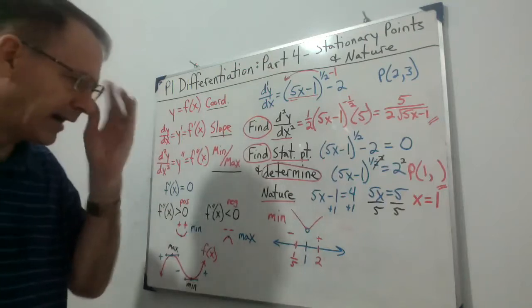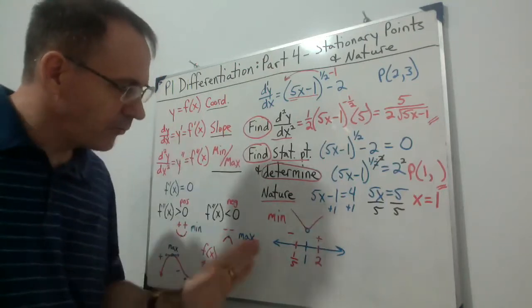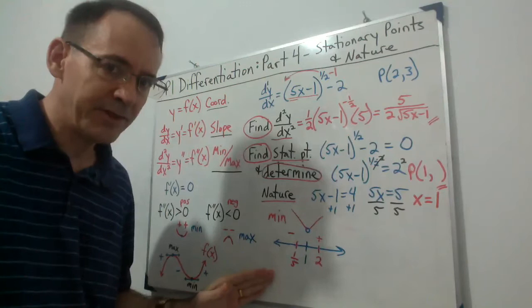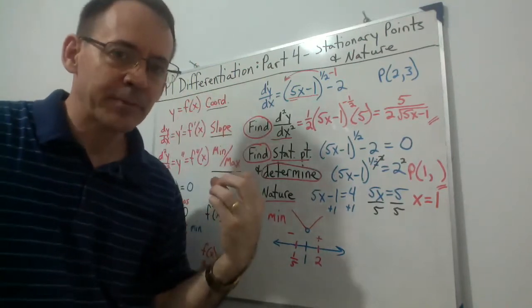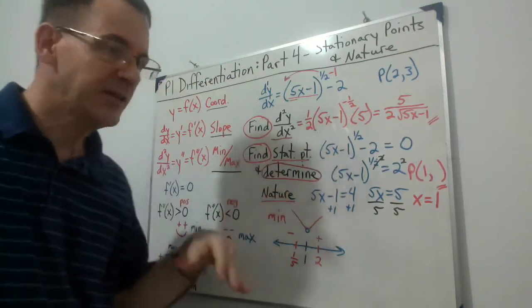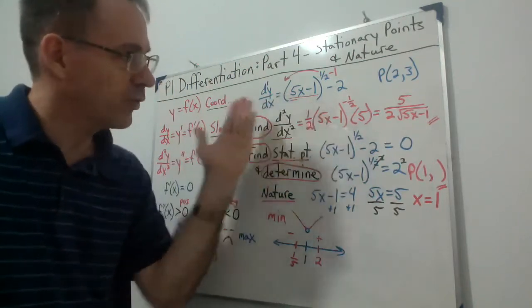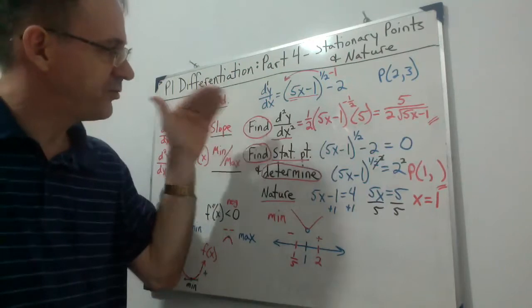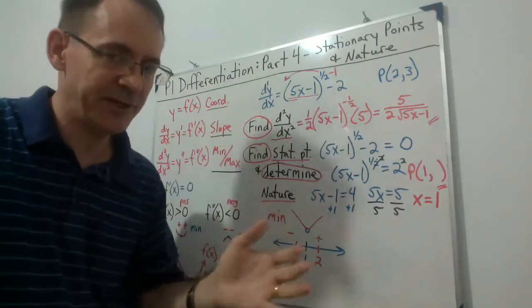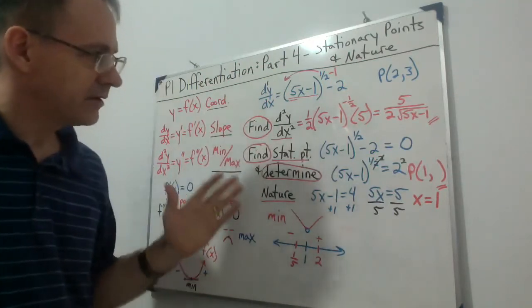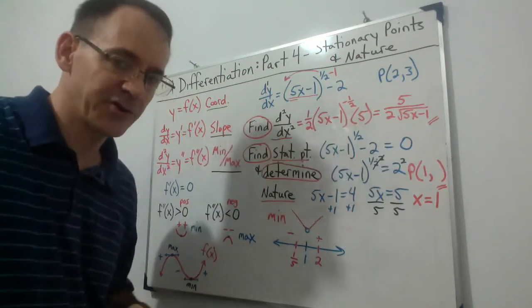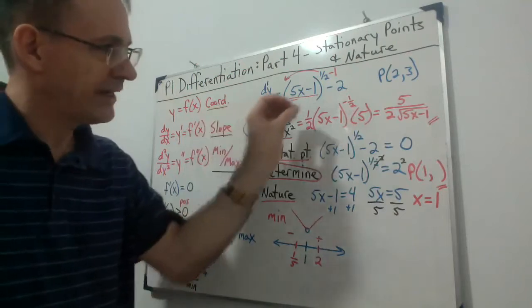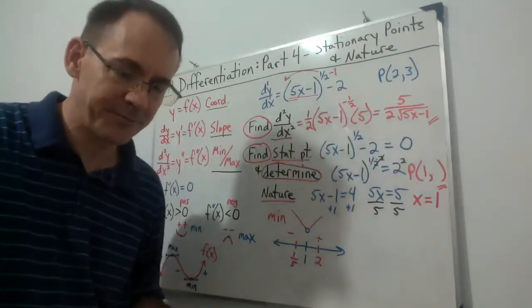Now, I'll be honest, the only time I use this method is if the second derivative is difficult to figure out. Usually derivatives, especially when you're working with algebra, are quite easy to figure out. So usually I'll use the second derivative test, not the first derivative test, because it's quite easy to find the second derivative.